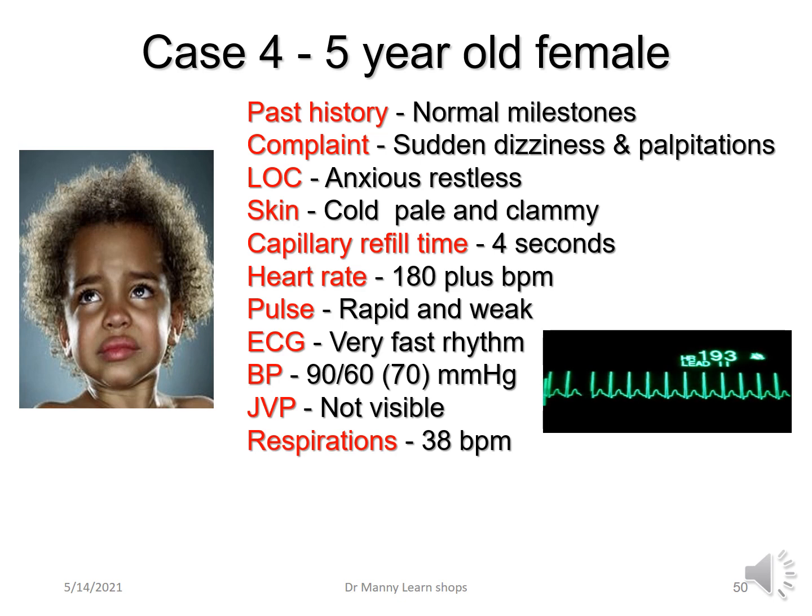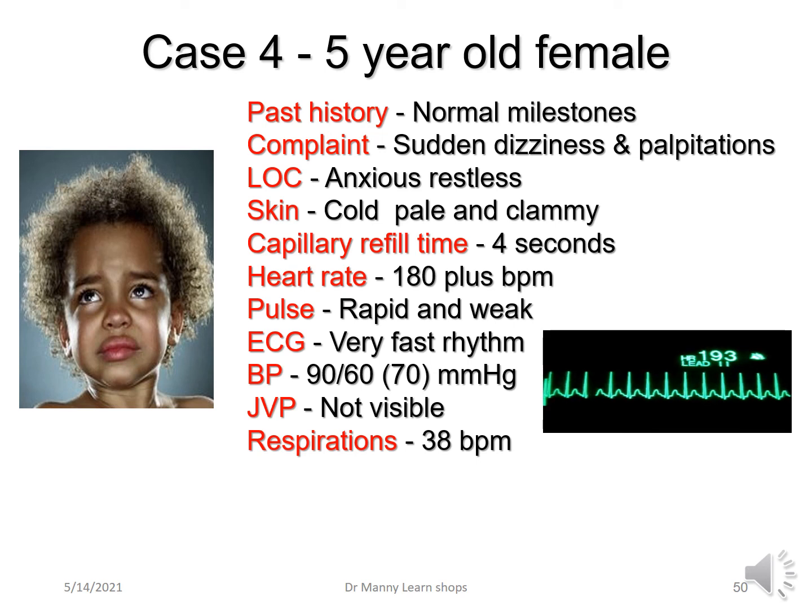Her capillary refill time isn't too bad at 4 seconds. Her heart rate, however, is about 180 to 200 beats per minute. Her pulse is really rapid and weak. Her ECG is really fast. Her blood pressure is acceptable at 90 on 60. Her JVP, she's a kid, is typically not visible. Respirations are about 38 breaths per minute.